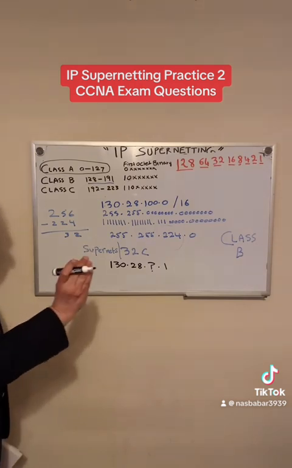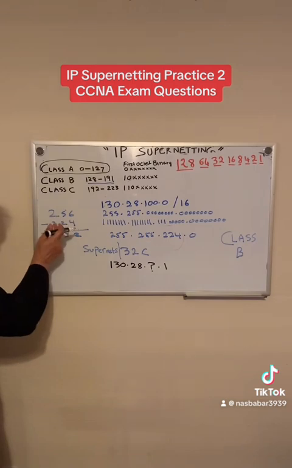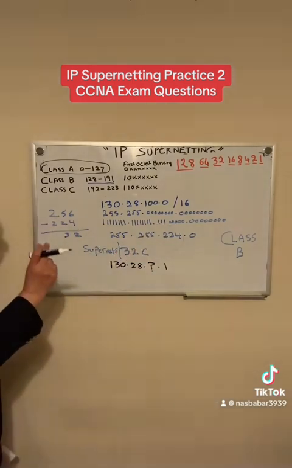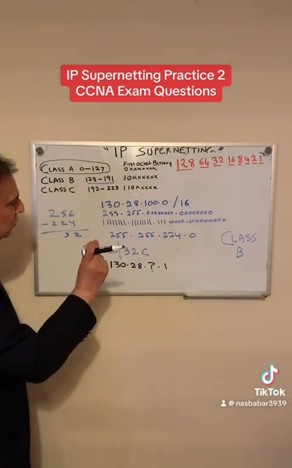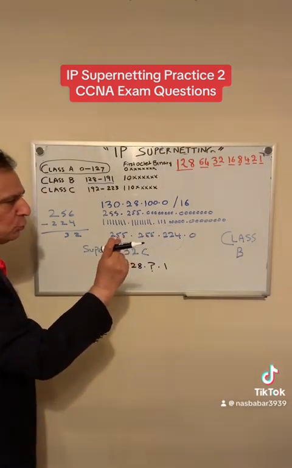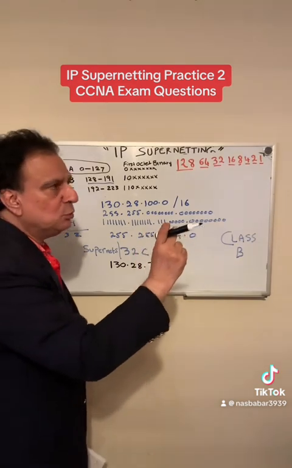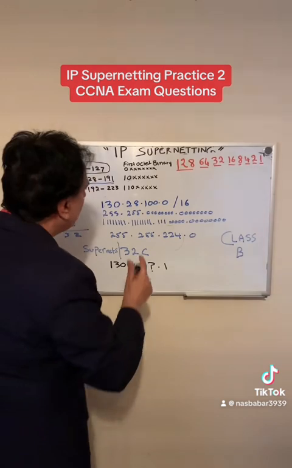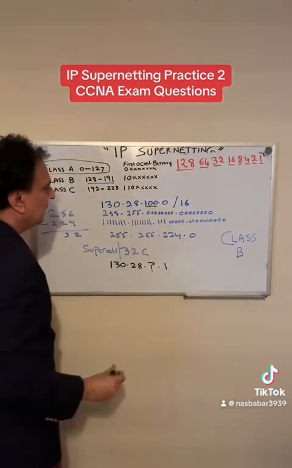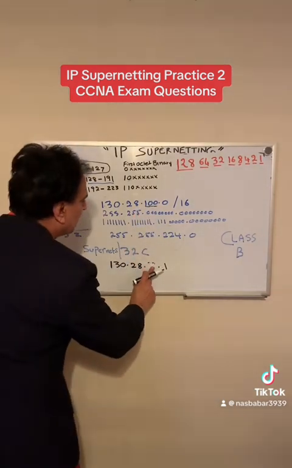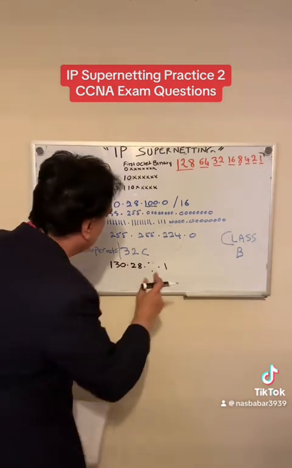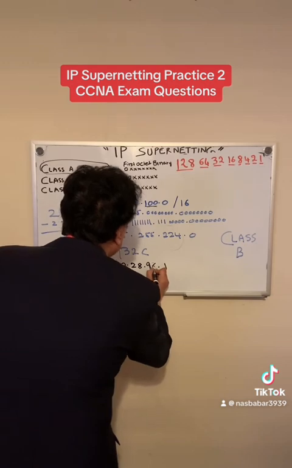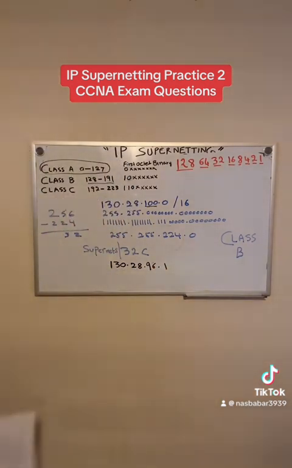This is the range which we have found by manipulating the third octet. So 0 to 32, then 32 to 64, 64 to 96, and then 96 to 128. So where does this 100 fall? This falls between 96 and 128. So that's why the first IP is going to be 96.1, right?